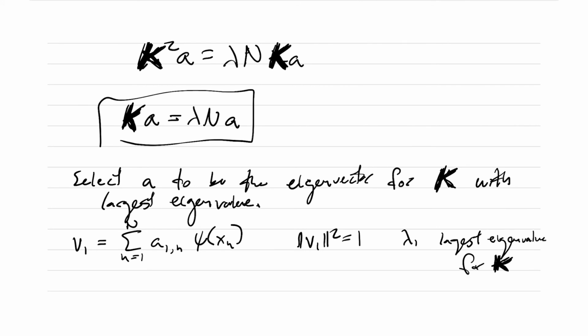So this v is the largest eigenvalue for bold K. Okay, and so on. So that gives you a whole collection of eigenvectors.